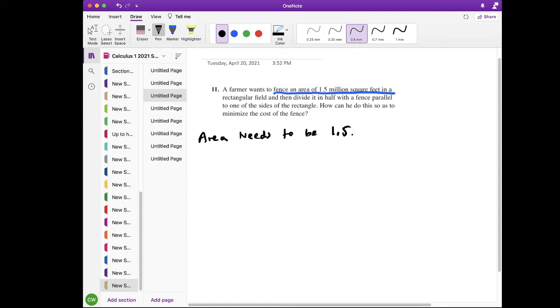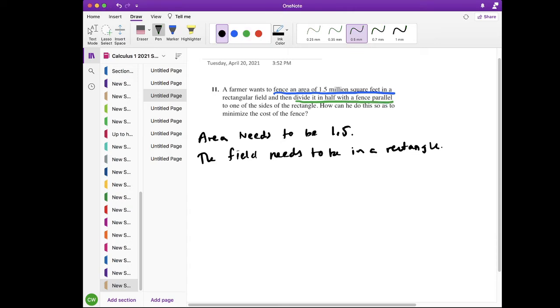Another thing we also need is the field, or whatever it is, needs to be a rectangle. And we also have this secondary condition, that it needs to be divided in half with the fence parallel to one of the sides.